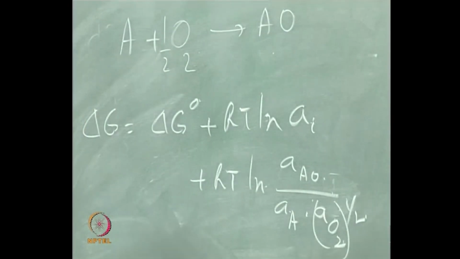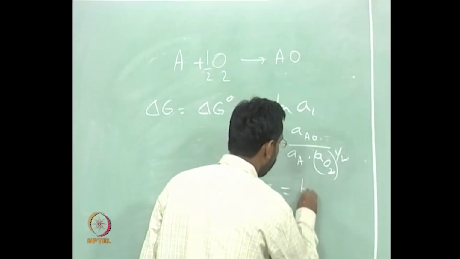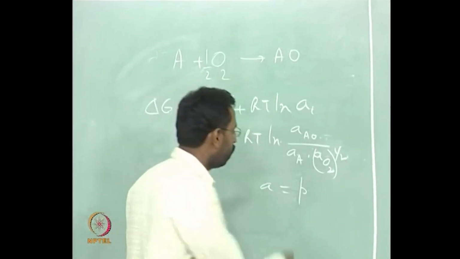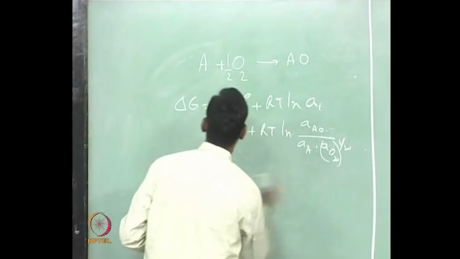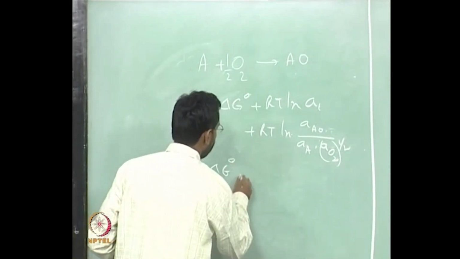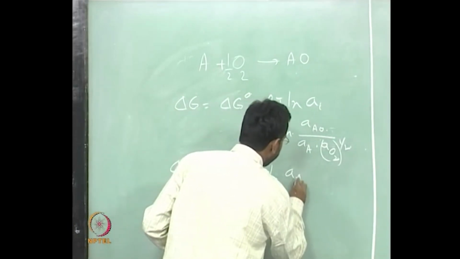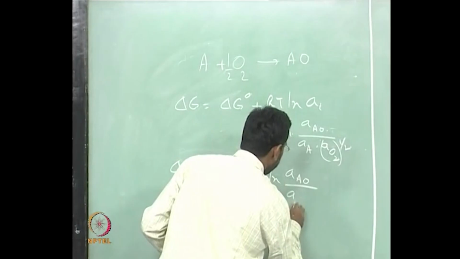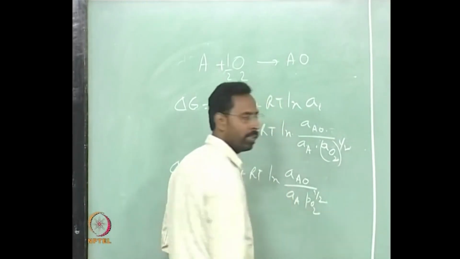And this activity of O2 we can represent, in the case of gases, as partial pressure, so this becomes PO2. So, you can write delta G is equal to delta G naught plus RT ln of A of AO over A of A into PO2 to the power half.